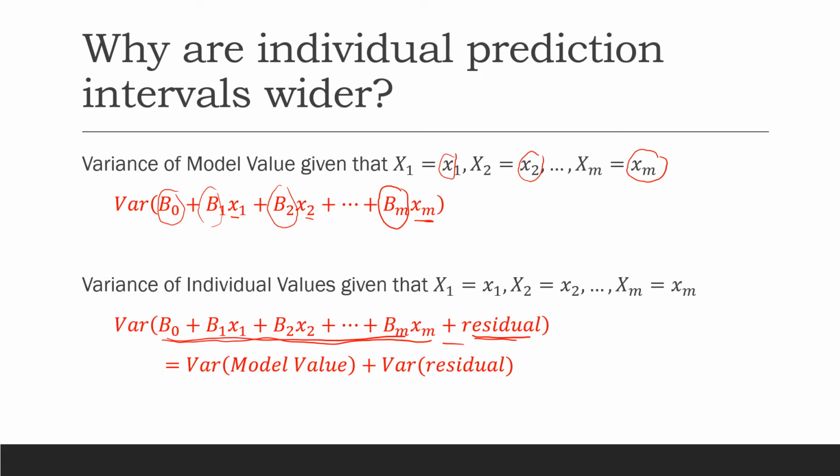So the variance of the residuals is being added to the variance of the model values. Depending on how large the variance of the residuals is, there may be a lot more variability among the individual values, but there will always be at least some more variability among the individual values compared to the variability in the model values.